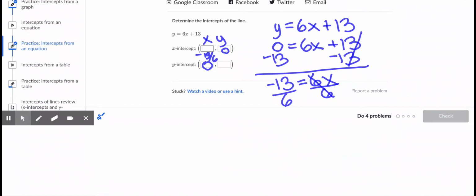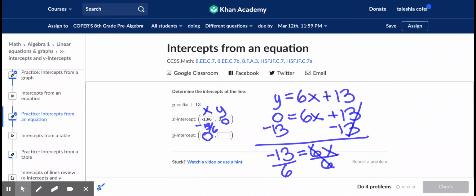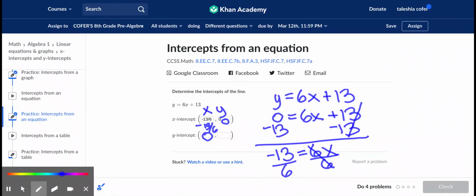So x is negative 13 over 6. Y was 0 for that part. And I do the same thing to solve for my y-intercept. When I have my y-intercept, I know that x has to be 0.